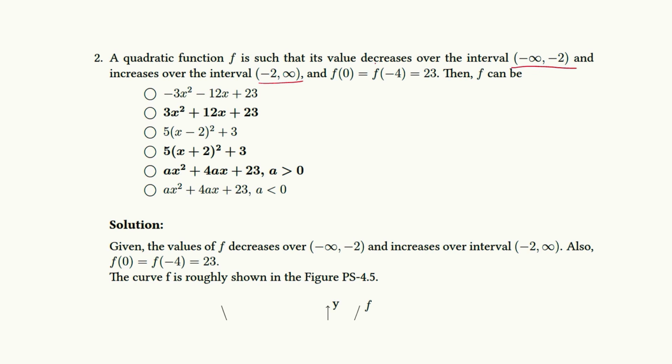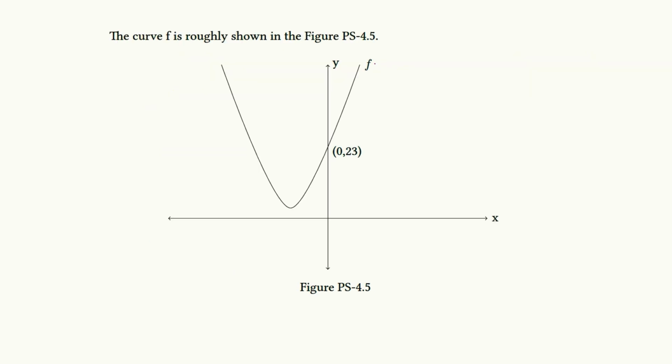Now, from the given information, we try to draw a rough diagram for a clear understanding. So, this will be a rough diagram. You can observe that from minus infinity to minus 2, the value of f of x is decreasing.